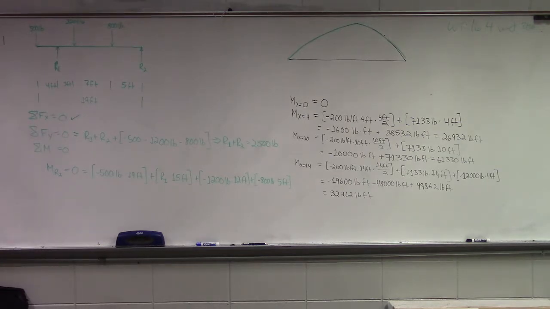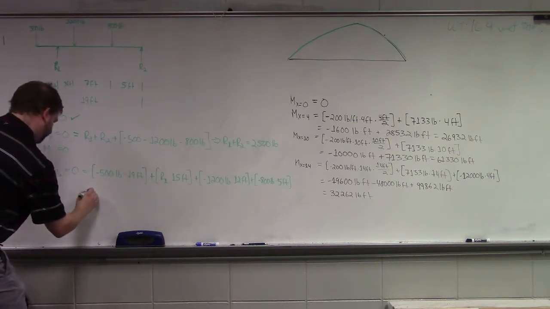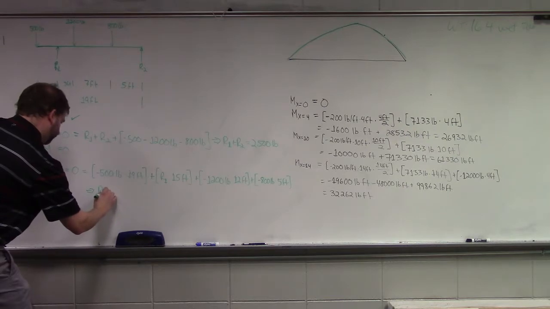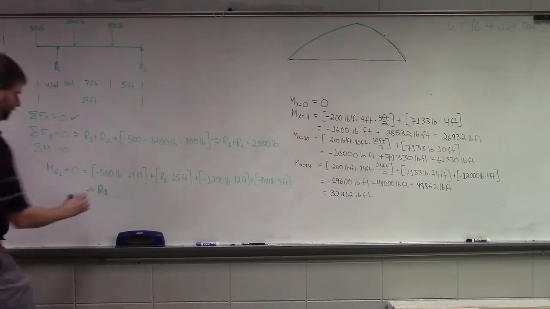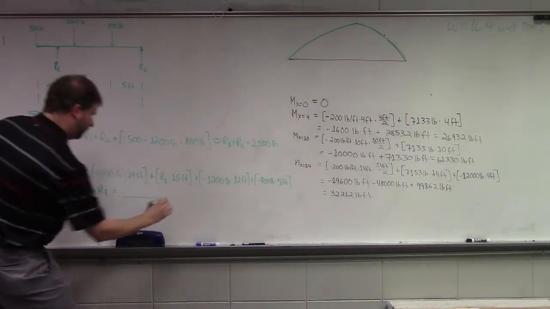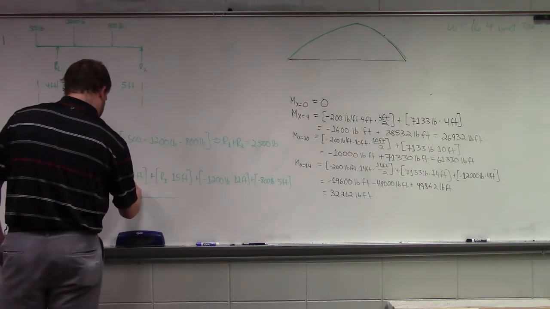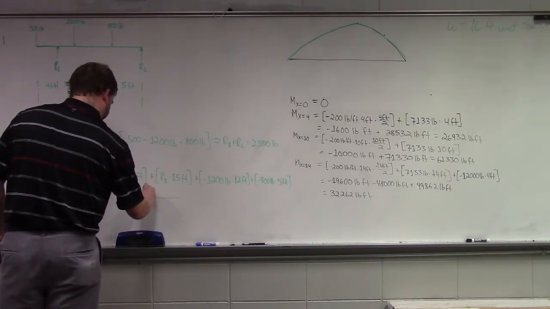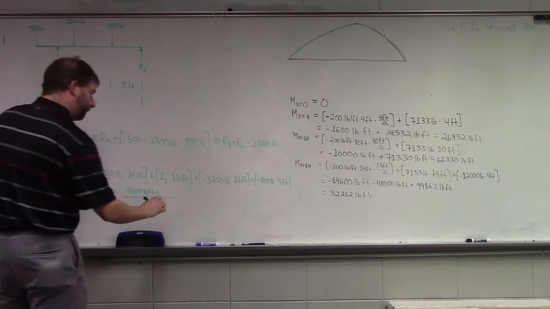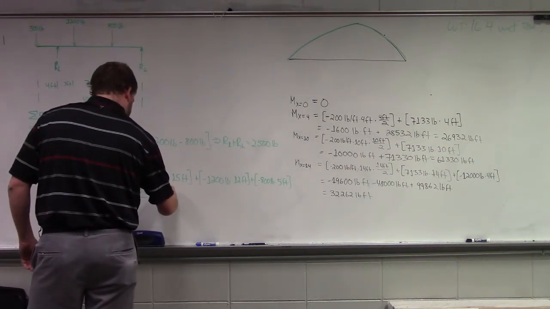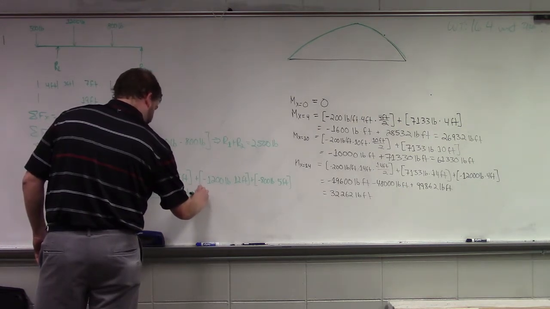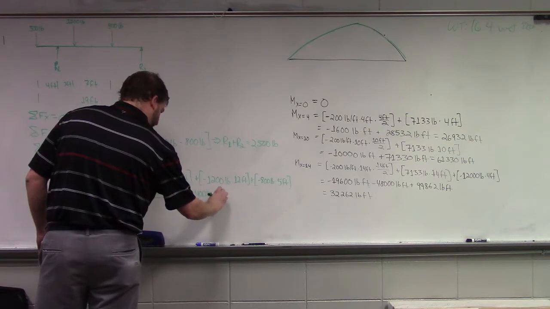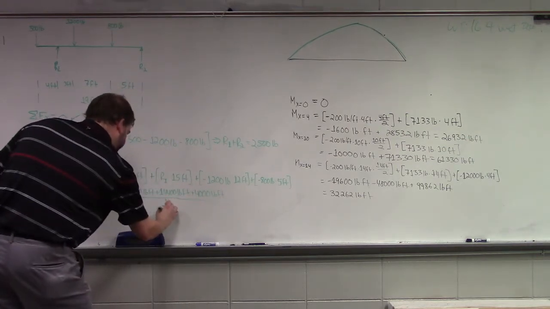Everyone in agreement? Okay, so R1 is going to equal all this mess: 9,500 plus 14,400 plus 4,000, all divided by 15, right?